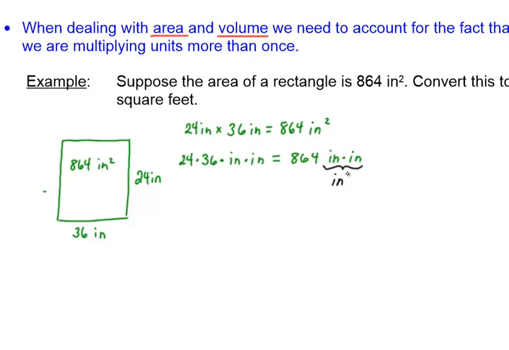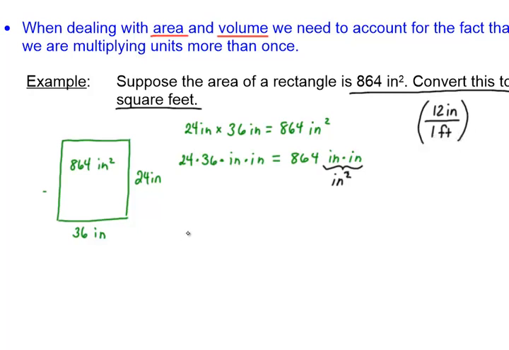Inches squared is the same as inches times inches. Okay, that's going to come in very handy because if I want to convert 864 square inches to square feet, the only thing I know about inches and feet is I know that there's 12 inches in 1 foot. That's all I know.